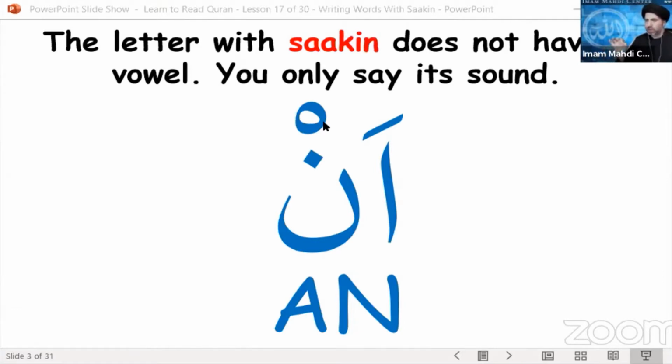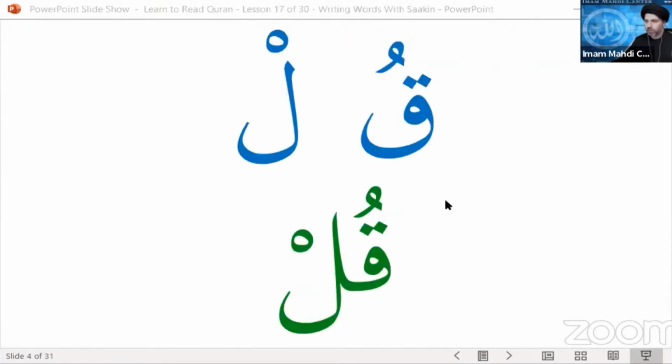So the sound of the noon is n, like the letter N in English. When we pronounce it, we only pronounce the sound of the noon. We pronounce the alif with its short vowel, and then we join it without any stop, the sound of the noon. So we say an. The alif by itself is a, and the noon sound becomes an.